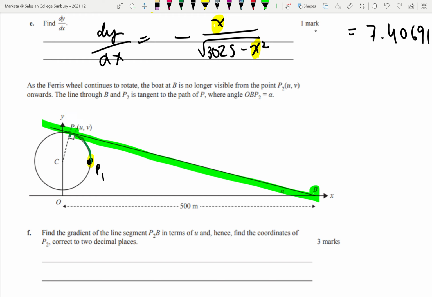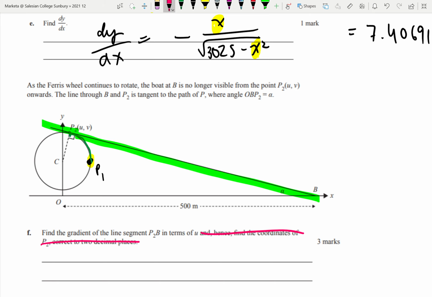So what do they want us to do? Find the gradient of the line segment P2B in terms of u, and hence find the coordinates of P2 correct to 2 decimal places. Okay, well, let's cross out the second part. Find the gradient of the line segment P2B in terms of u. So let's just ignore that for the minute so we don't get overwhelmed.